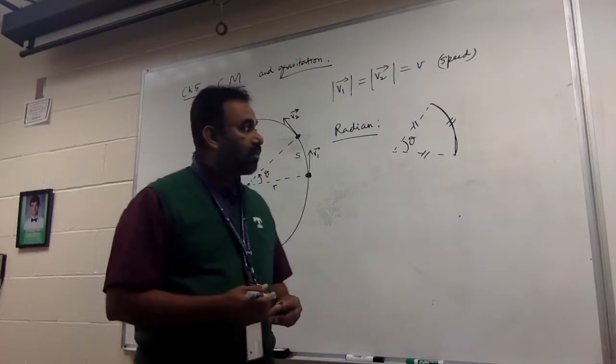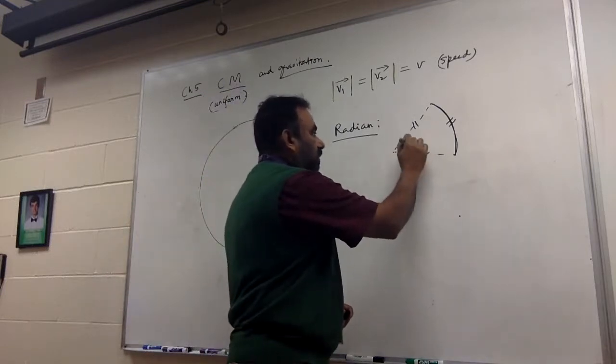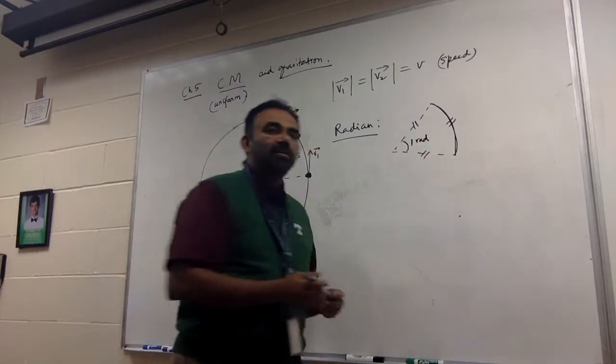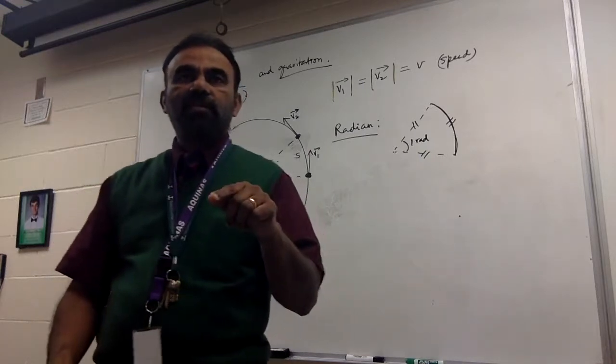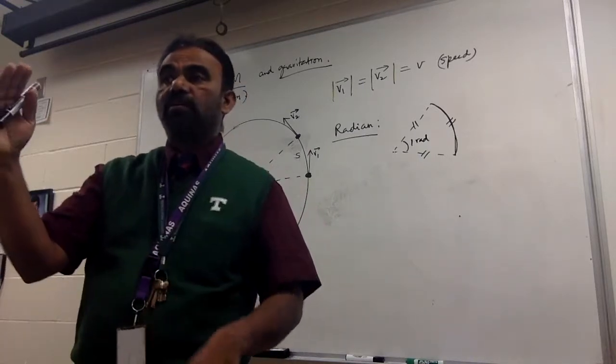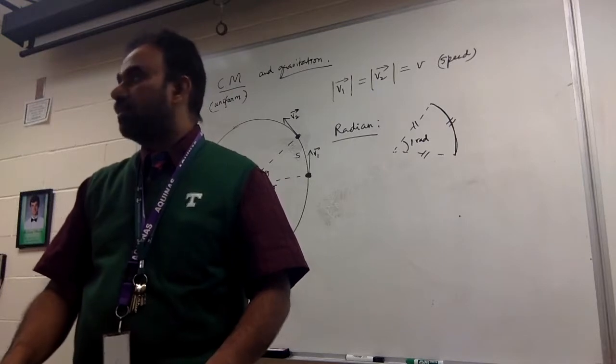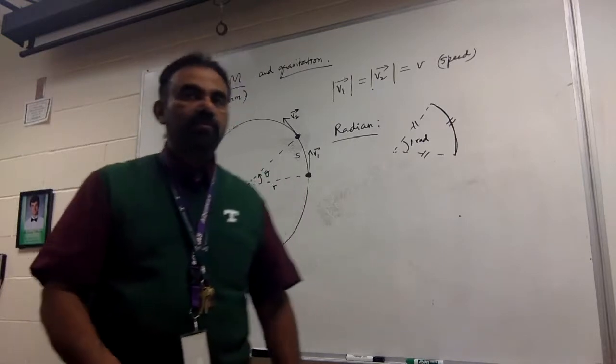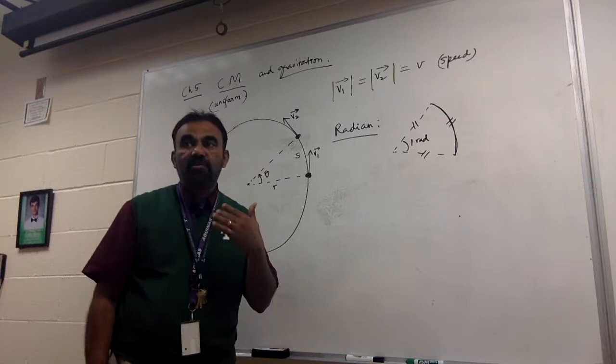So this will be one radian. One radian is the angle subtended at the center of a circle by an arc whose length is the same as the radius. That's the definition of a radian.